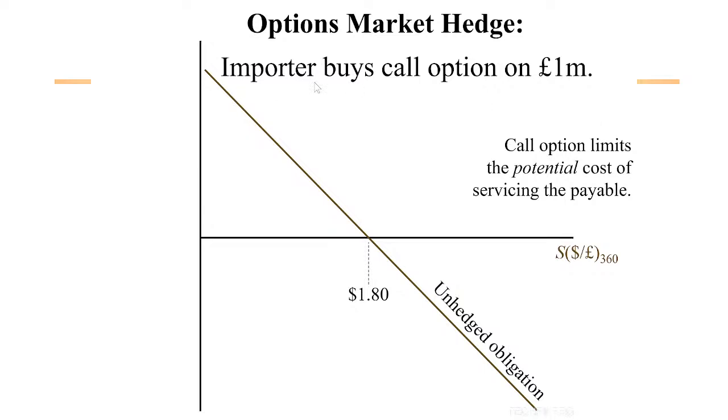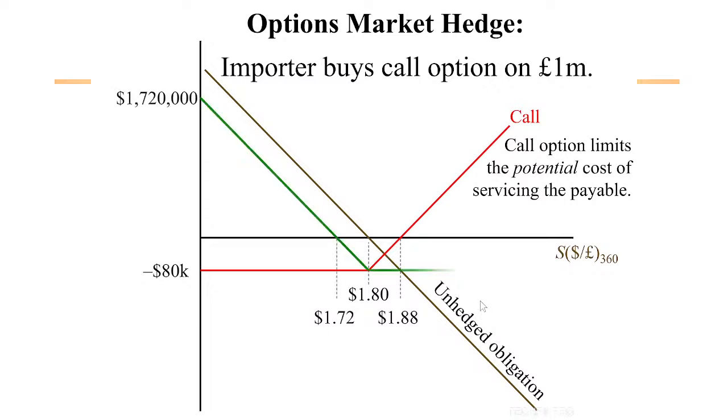And importers could use call options, as we discussed, to hedge this. So this profit and loss offset each other. So that's how a hedged position works. So the difference of hedging using forward contracts versus call options: using forward contracts, basically you hedge both the downside and upside, and call options preserve your profit potential.